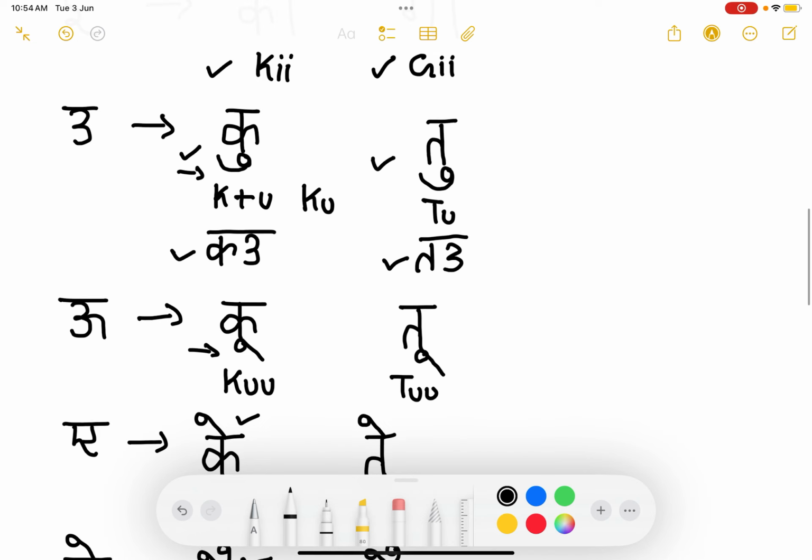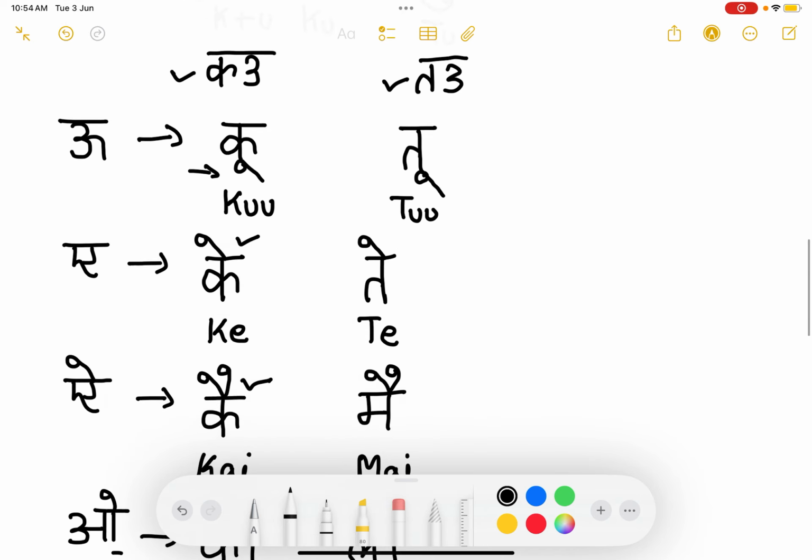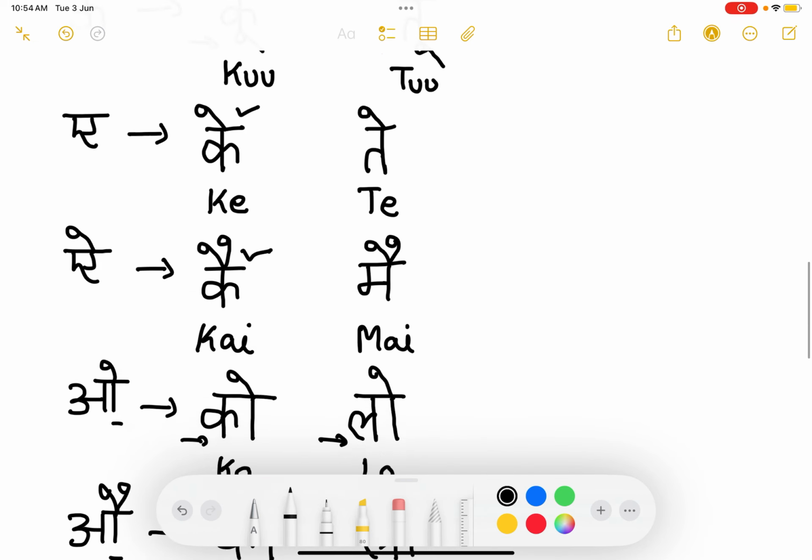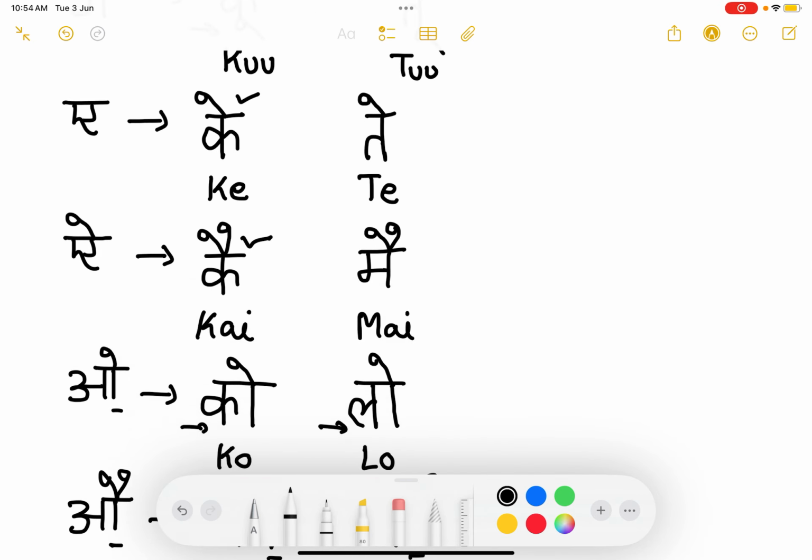Chota u, short u. It's a little circle with a tail. This little circle is placed at the end of the line and the tail is curled up left: ku, tu. Bada U matra, again a circle placed at the end of the line with a tail going down right: koo, too. The e matra is like a slant arm placed on the top of the line and curled up at the end.